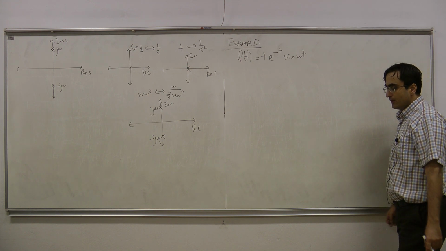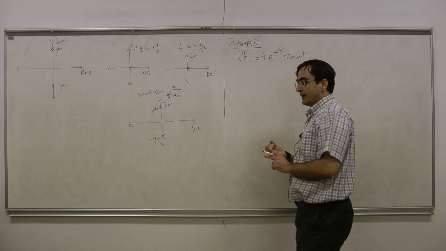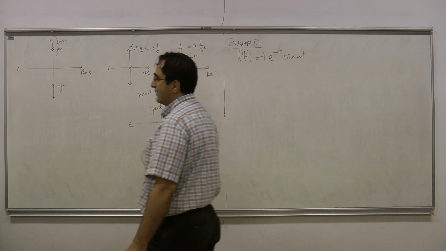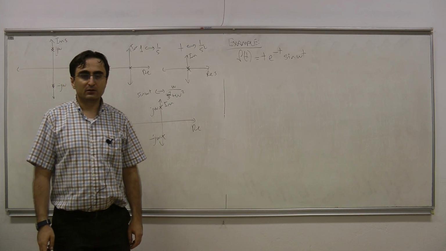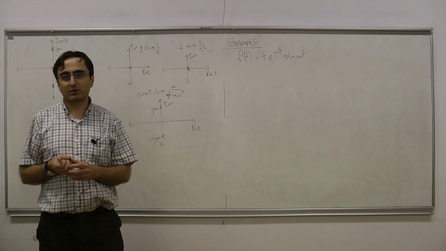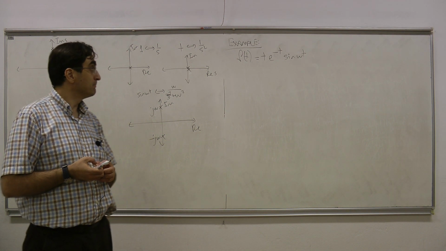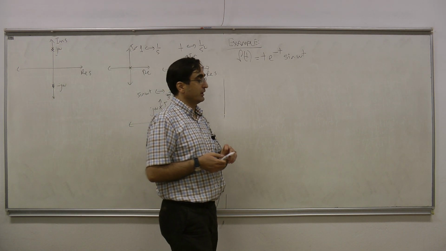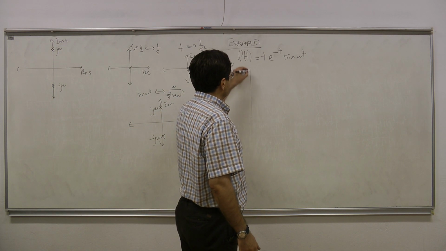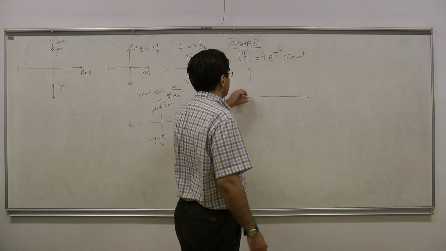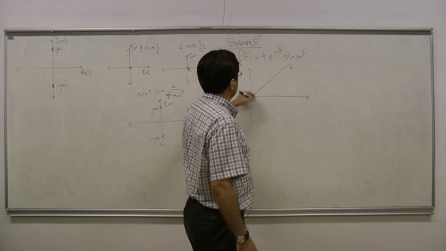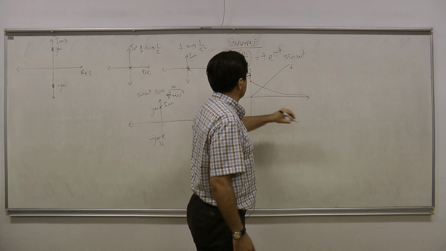So I have a t factor which is increasing towards infinity, and I have an exponential factor. Is it a decaying exponential or a growing exponential? This e to the minus t is a decaying exponential. So if I try to draw these functions here, this is t, this is e to the minus t.